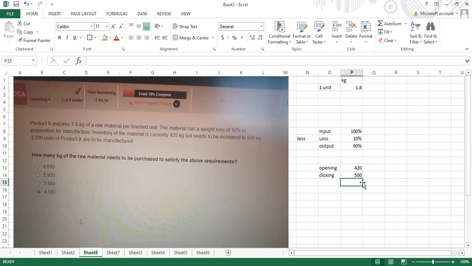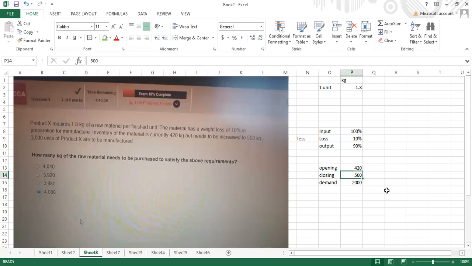So 2000 units of production X are to be manufactured. 2000 are to be manufactured. The production would be for 2000 units. Or you can say, if it's saying that production would be this, it means the demand would be this, so 2000 would be your demand, 420 would be your opening, 500 would be your closing, right?